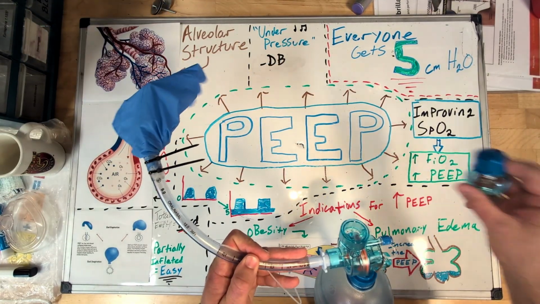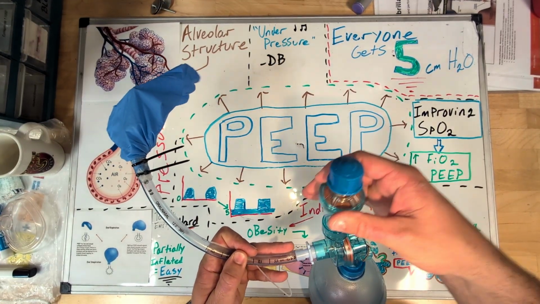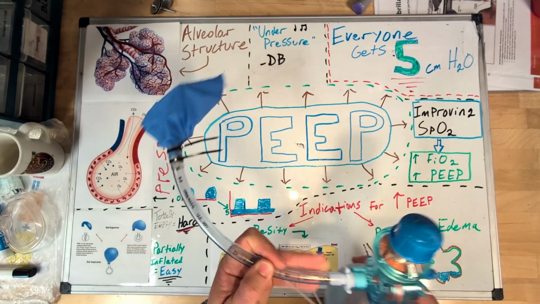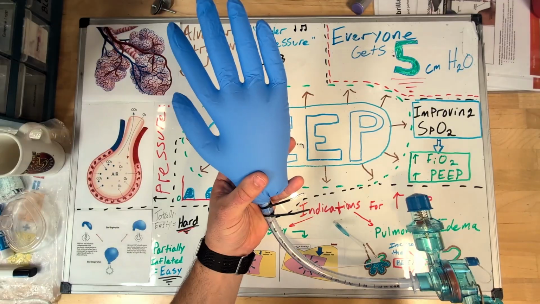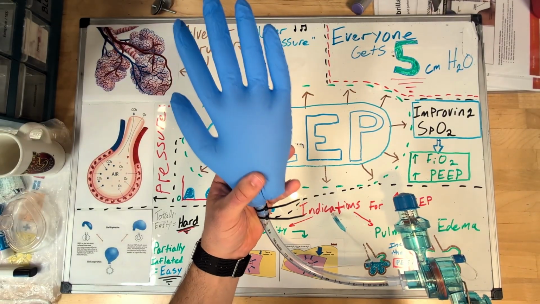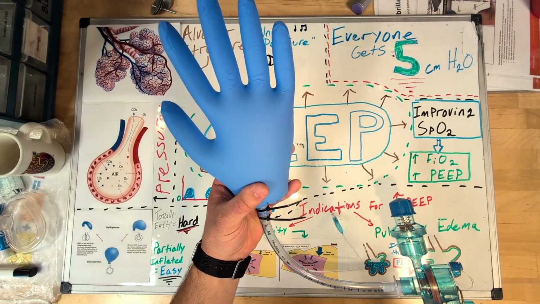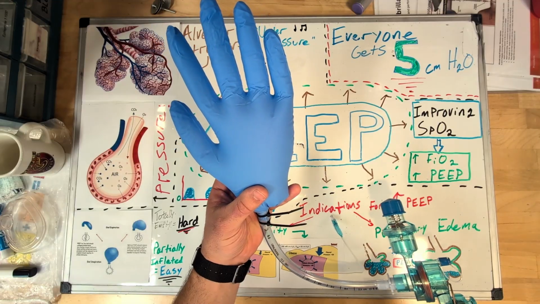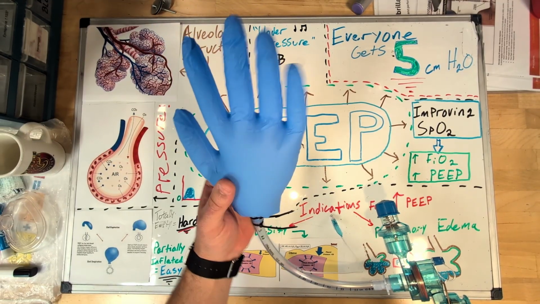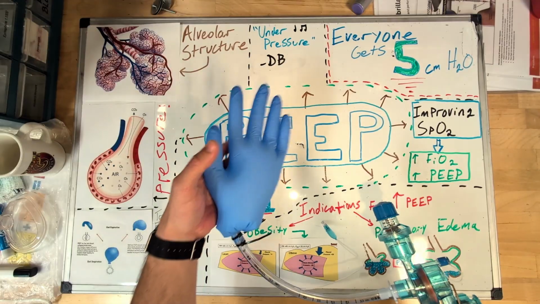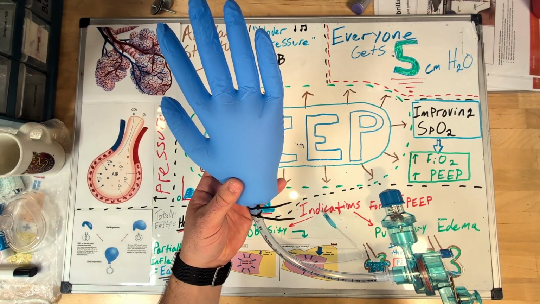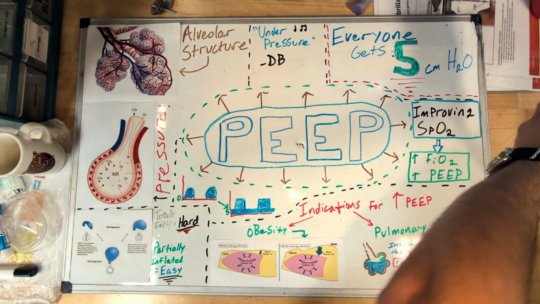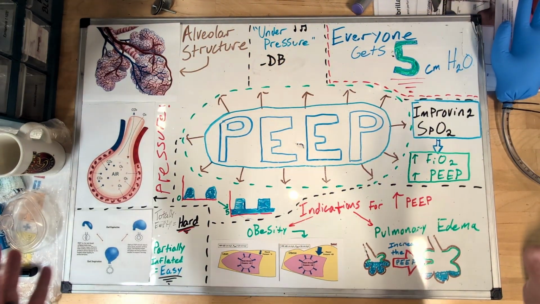Now let's add 5 centimeters of PEEP. Inflate. And I still have some left in there. Inflate. And there's still gas exchange happening in these alveoli. All right. So, great. Everybody gets 5.